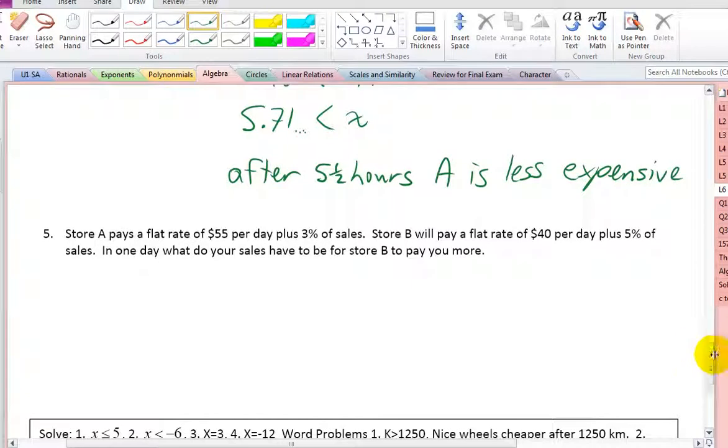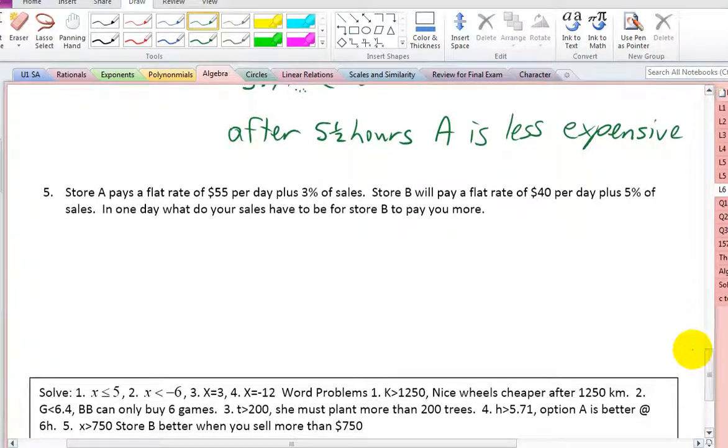Underline important stuff. We'll have store A, store B. Okay, so if B is going to pay you more, they should be B. Store A, sorry, talking about what do your sales have to be, so X equals your sales.